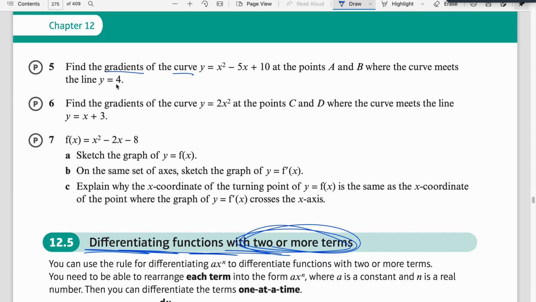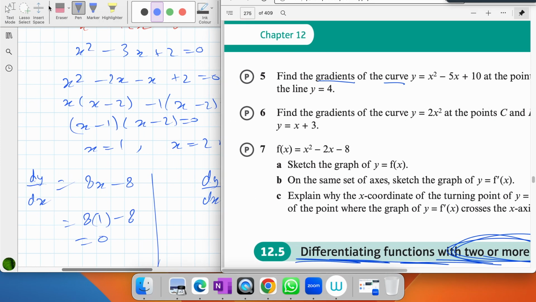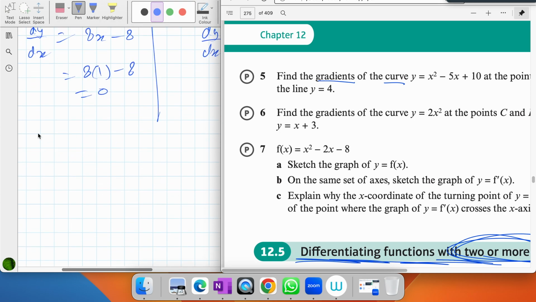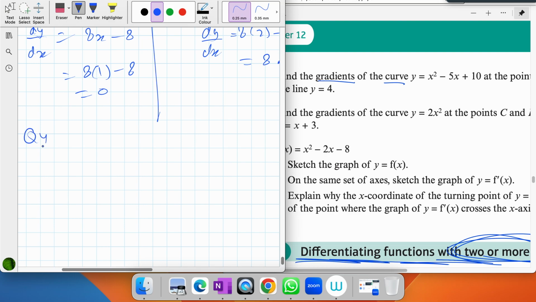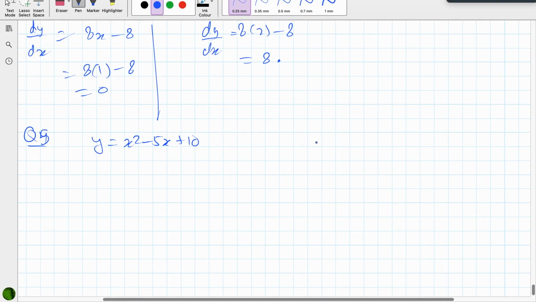So we have to find the gradient at A and B, and the condition is A and B are at the points of intersection when y is equal to 4.